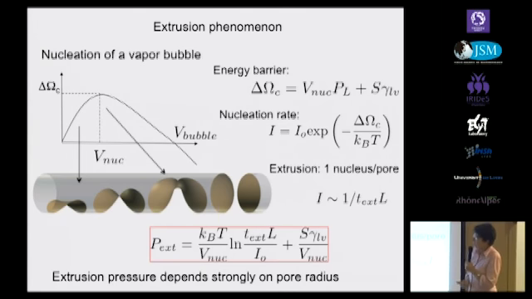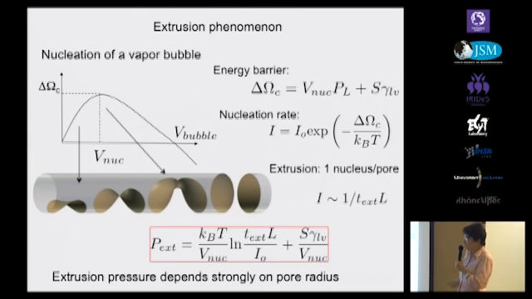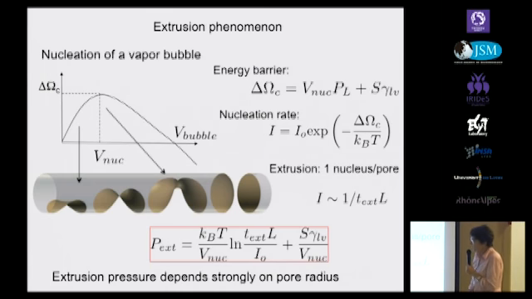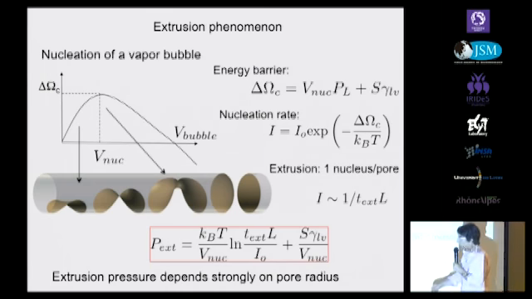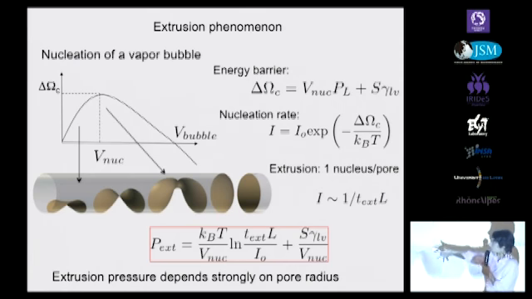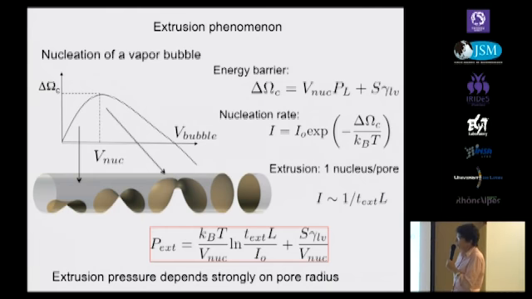And of course, this costs some extra energy. So this energy barrier can actually be calculated by considering a bubble which is growing on the pore wall. And the maximum energy of this bubble corresponds to the critical energy to be overcome in the extrusion process.